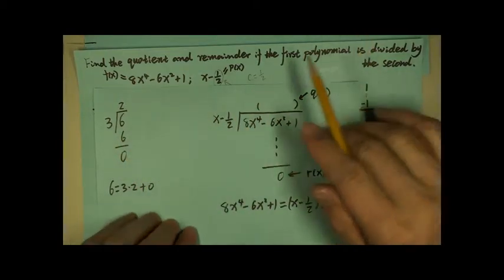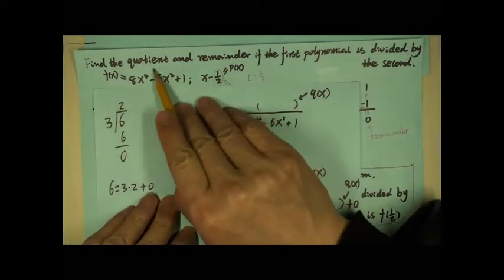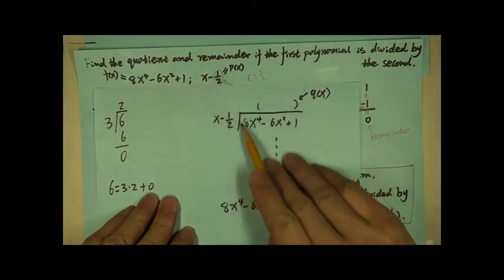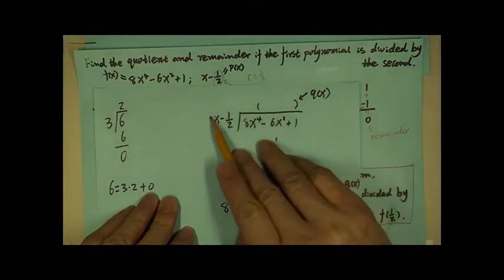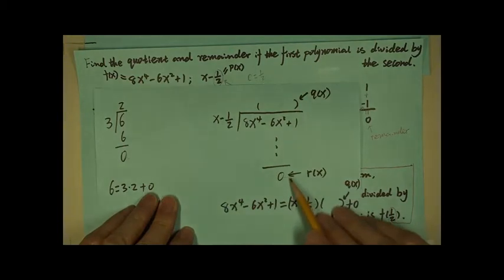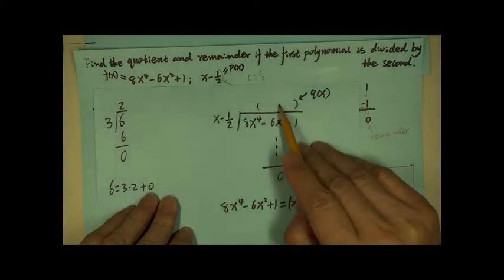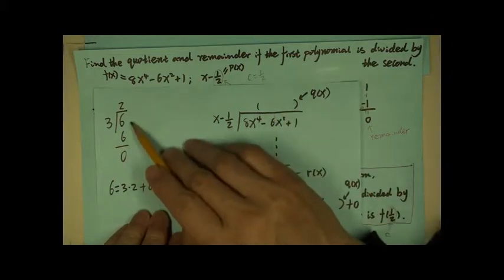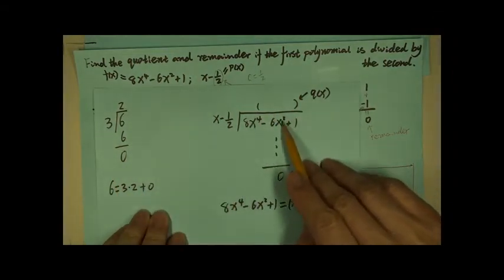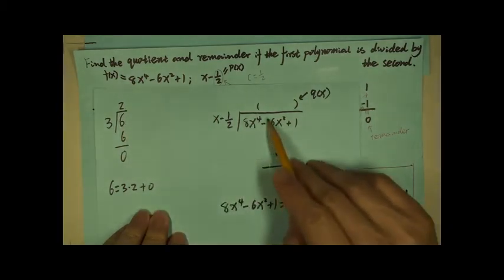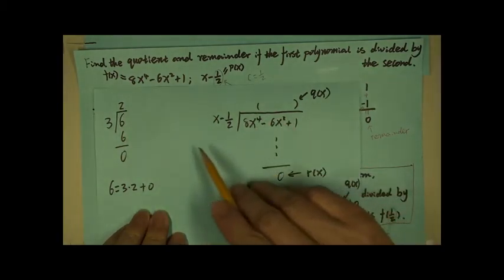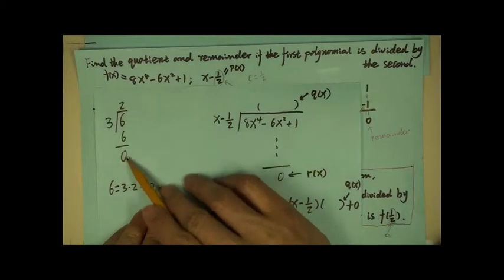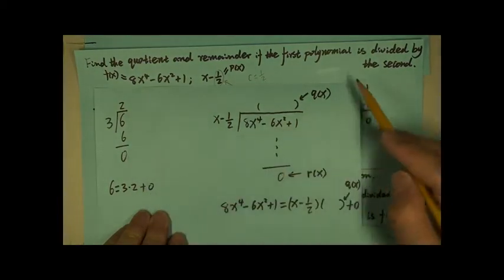Now we know this polynomial divided by x minus 1/2, the remainder is 0. We don't know what the quotient is. But like the one here, 6 divided by 3, you know the remainder is 0, and you can write it in this way.